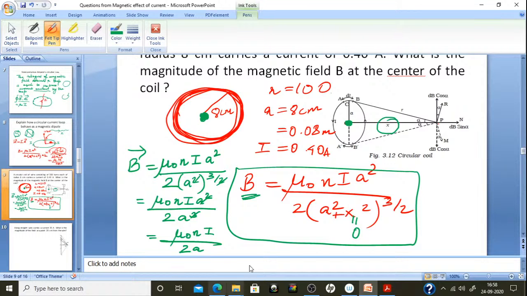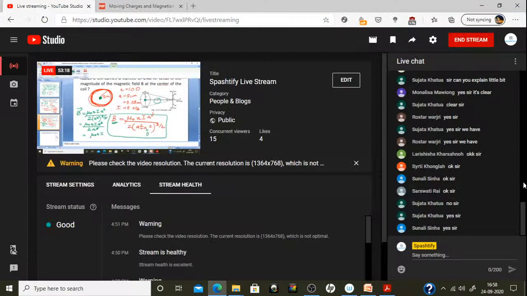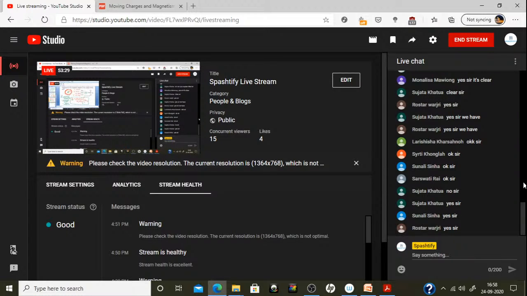Is this clear, how this formula comes? How the magnetic field B at the center is mu naught n I by 2a? Is it clear how the formula comes? If it's not clear, just tell me frankly.